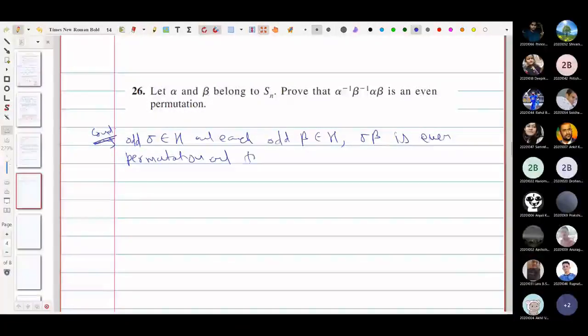And for each beta, we get a distinct sigma beta.